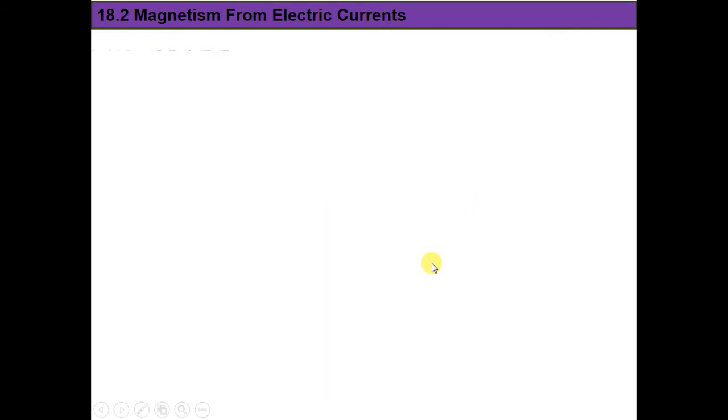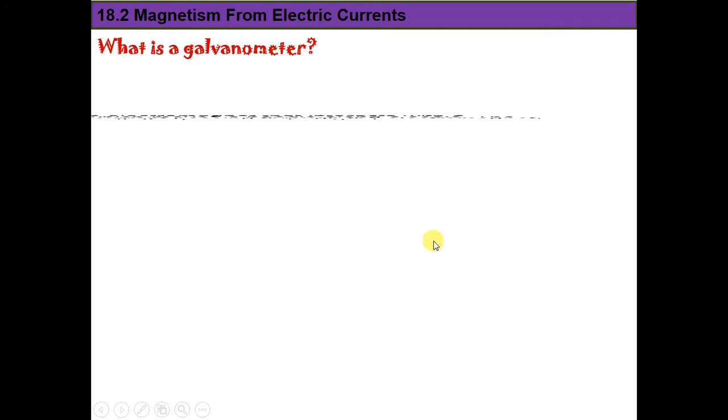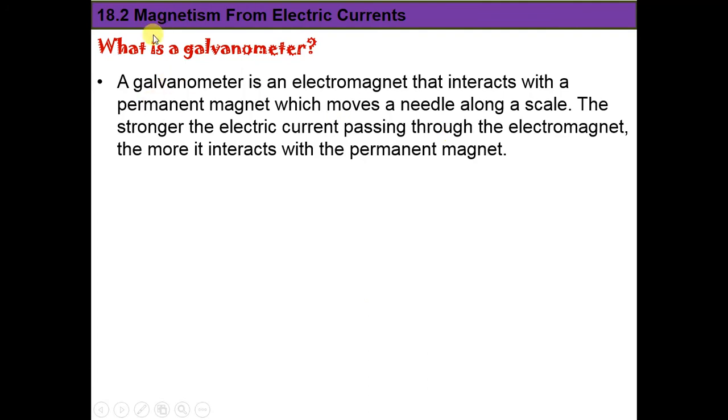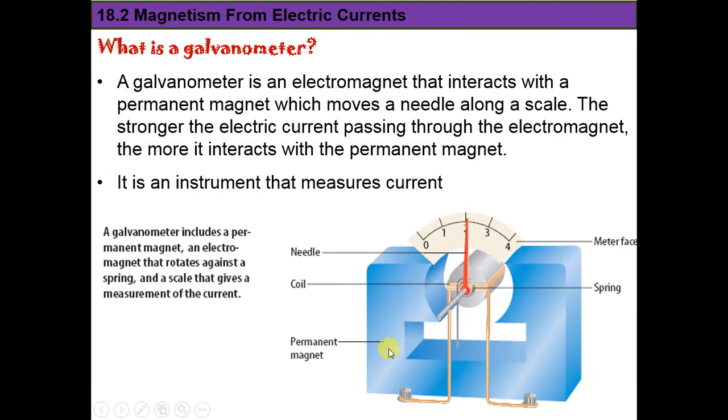Before we talk about the electric motor and its function, I want to talk with you about something called a galvanometer. It's not hard, but you just have to pay attention with me. Girls, inside the galvanometer, we have an electromagnet.